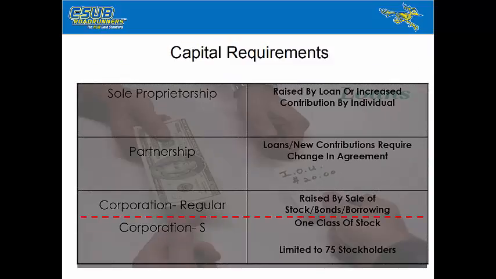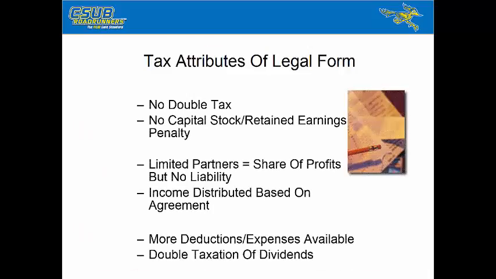Capital requirements, I'm not going to talk too much about that. Tax attributes, this is important. If you have a sole proprietorship or an S corp or a partnership, you pay taxes on your revenue. Whatever profit you made, you pay taxes on that as if it were your personal income.